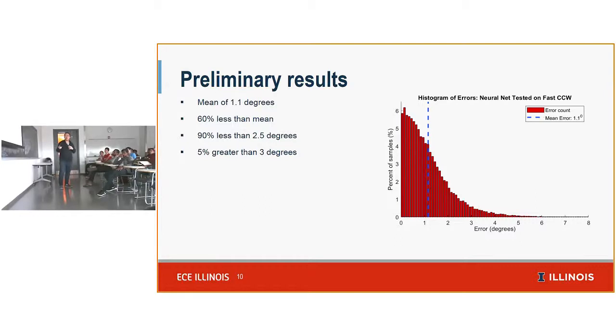The best result we achieved was a mean of 1.1 electrical degrees, with 60% of the errors less than the mean, and 90% of them less than 2.5 degrees and 5% greater than 3 degrees. There are some single error points greater than 6-7 degrees, but those are in the single digits and can currently be attributed to noise in the system, which we are looking at eliminating.